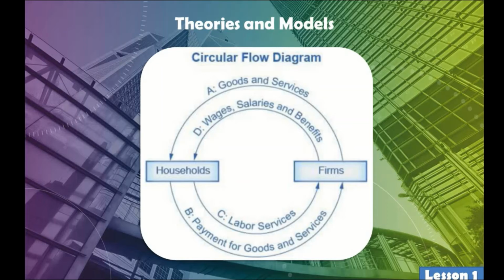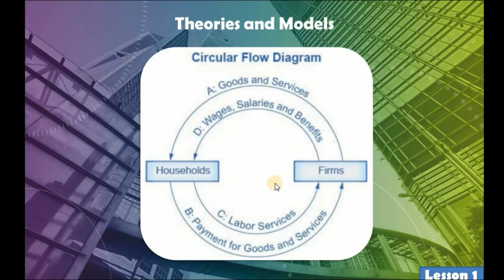So, to have a good start about the model when it comes to economy, meron po tayong tinatawag na circular flow diagram. So, dito sa diagram na to, meron tayong two groups who always interact, which are the household and firms. Firms, meaning businesses, companies, na nagpo-produce ng goods and services at nagbibenta sa mga consumers.